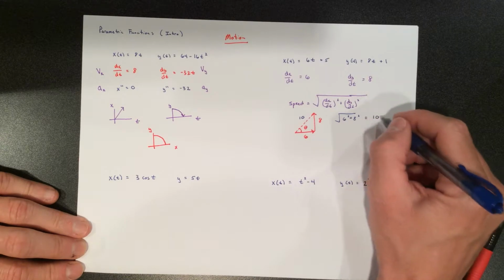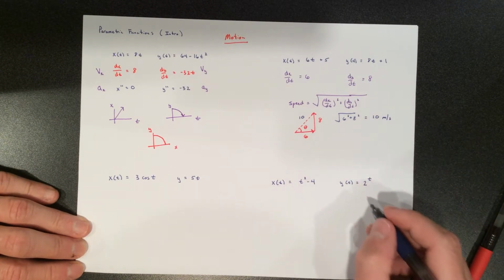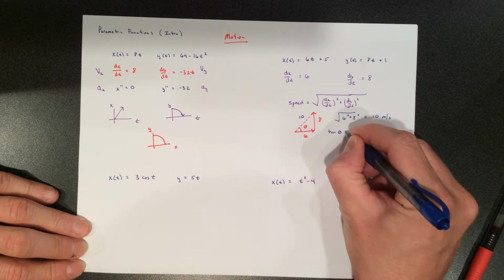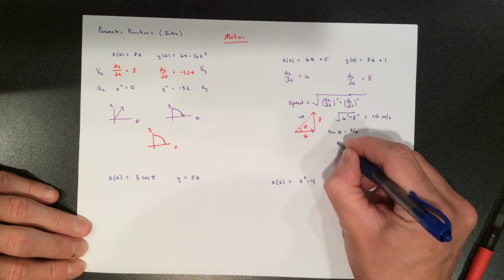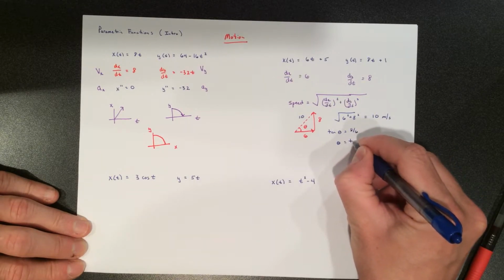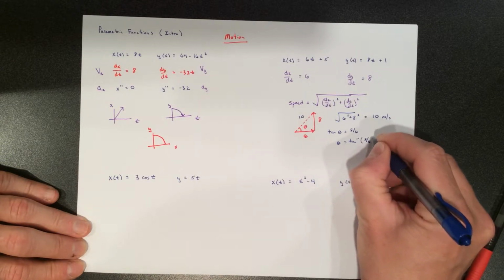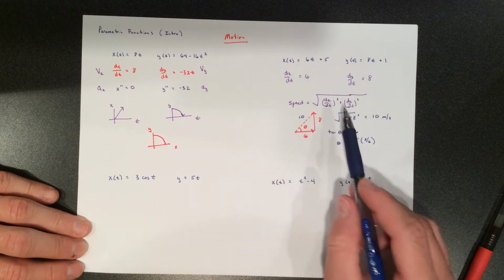So our speed would be 10 meters per second, or feet per second, or whatever the unit would be. And then the angle: tangent of theta does equal 8 over 6, and then we could do inverse tangent of 8/6 to actually find the angle. So we can do all sorts of other analysis based on this.